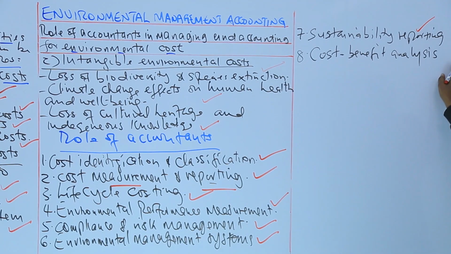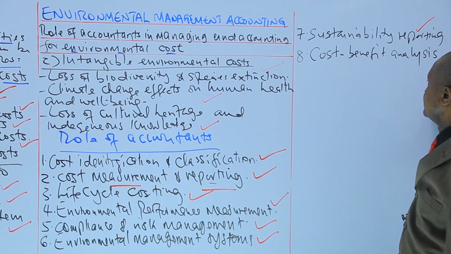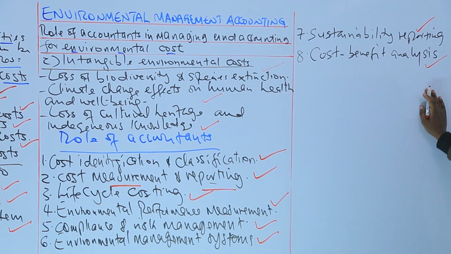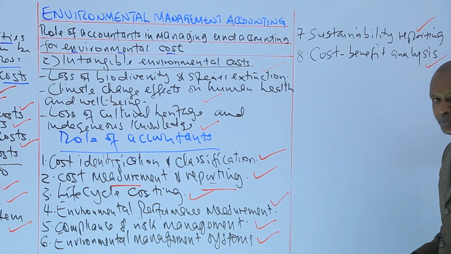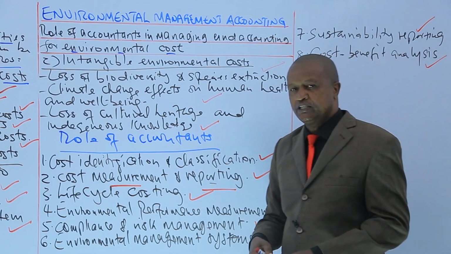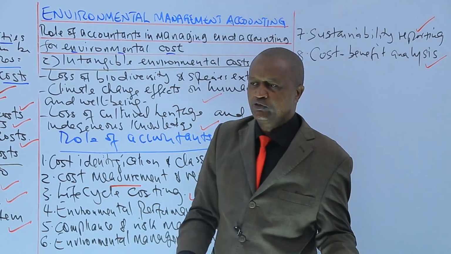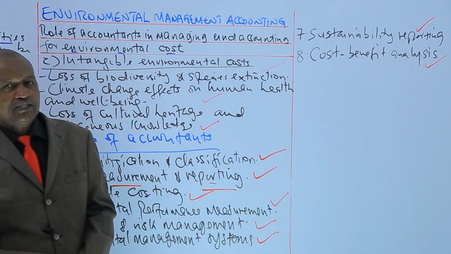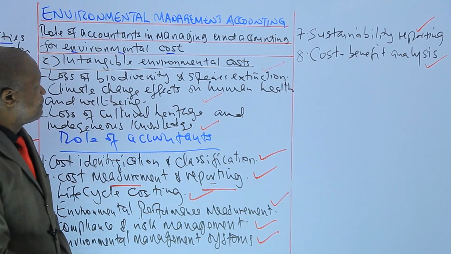Accountants participate in preparing sustainability reports that disclose environmental performance and initiatives as well as commitments. Then lastly, we've said they conduct cost benefit analysis. They evaluate the financial implications of adopting environmental friendly initiatives or practices. So candidates, that is it.